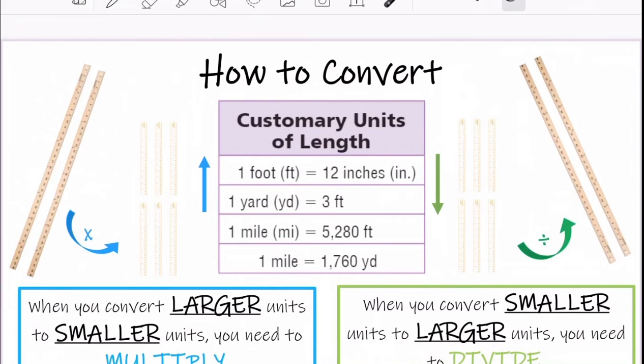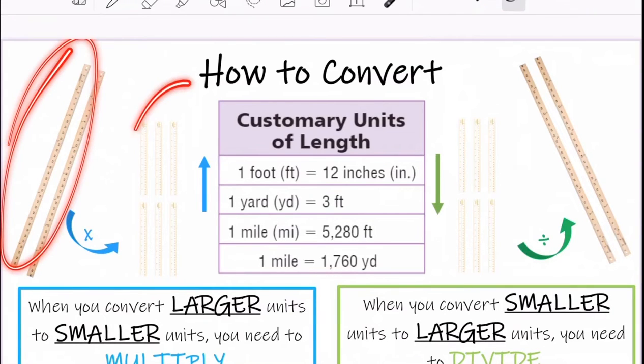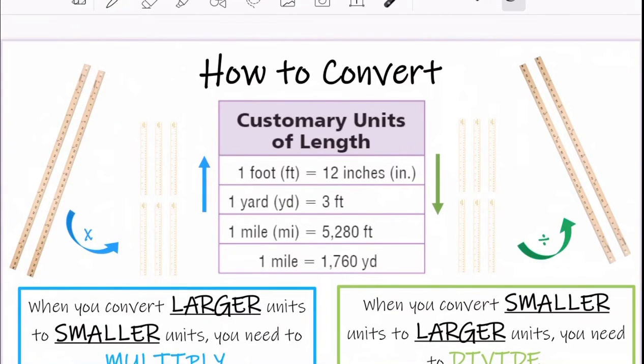When we multiply, our number is going to get larger. We went from 2 to 6. So just be thinking about that when you start to convert within the U.S. Customary System.